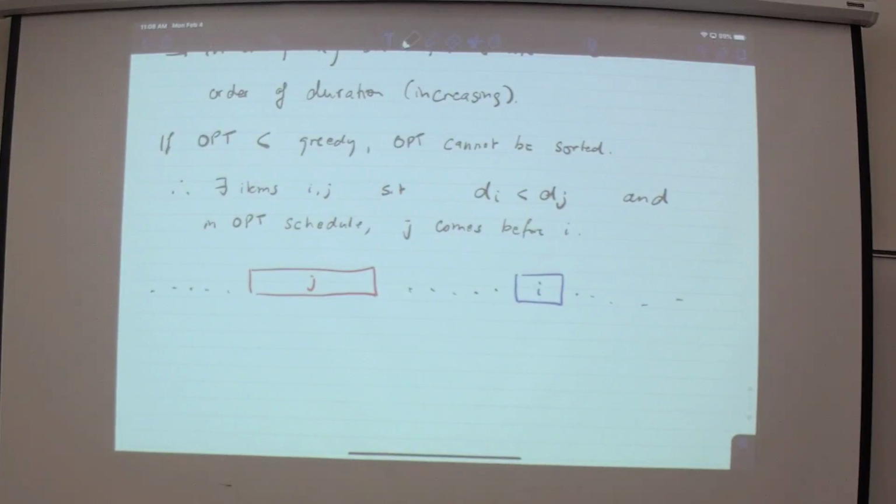Okay? Alright. Let's say that there are, I don't know, k items in between. k could be 0, they could be adjacent or could be somewhere.